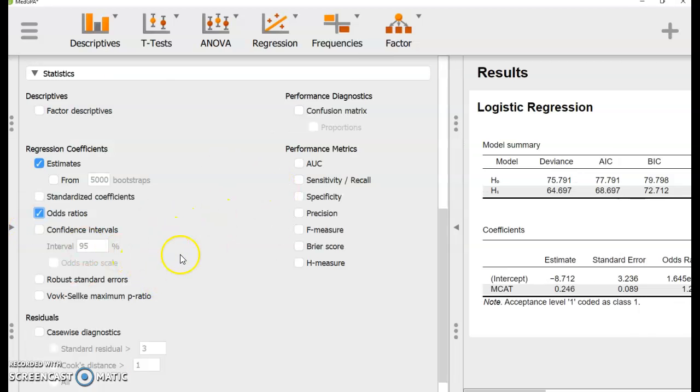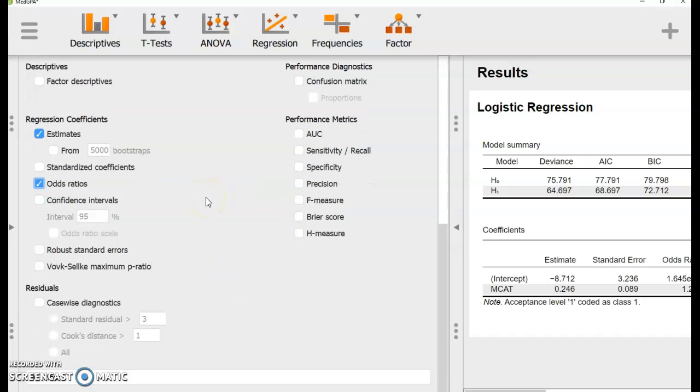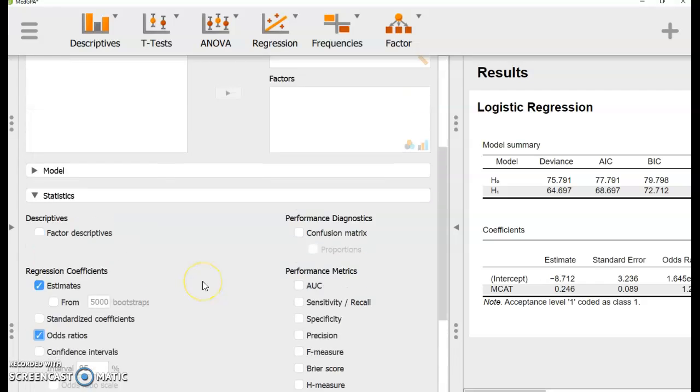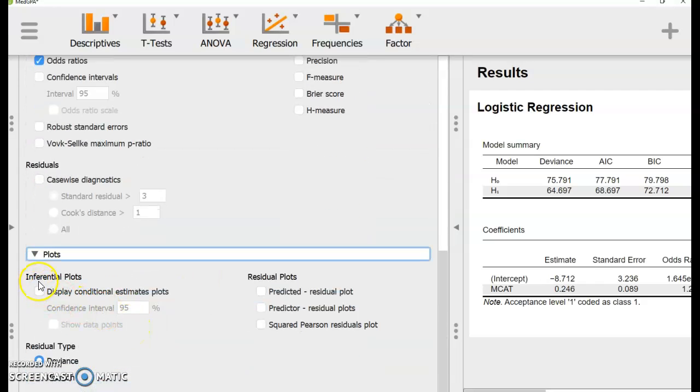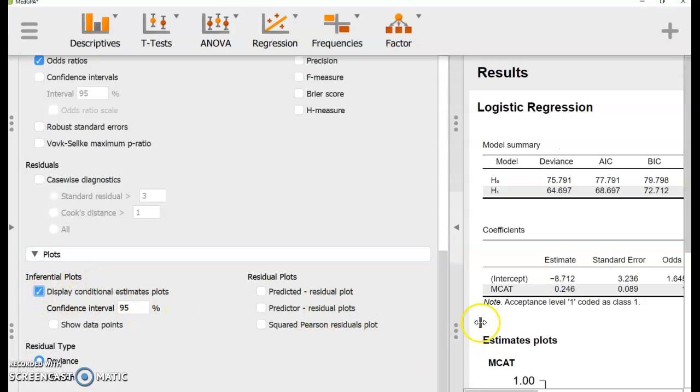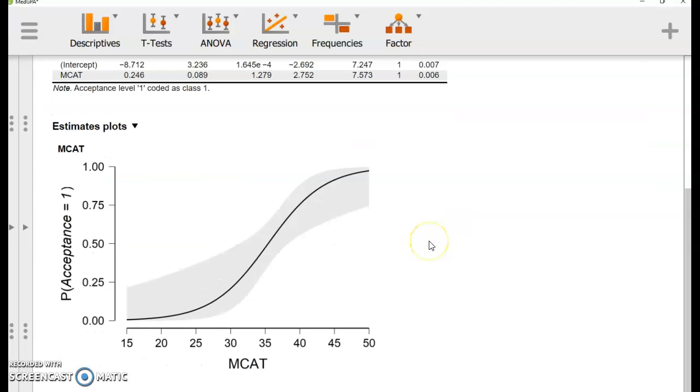Okay, for parts C and D, we could plug them into the equation and solve them algebraically. I want to show you what you could do here to get a real rough estimate, and then we could also look at how we do that algebraically. If we click on our plots, and inferential plots display conditional estimates, this will give us a nice visual of the relationship between the MCAT score and the acceptance into med school.